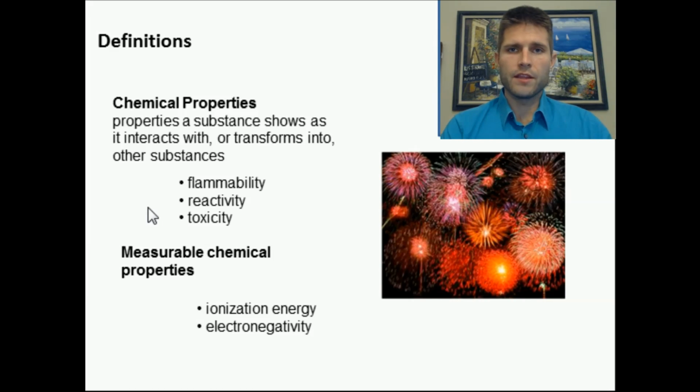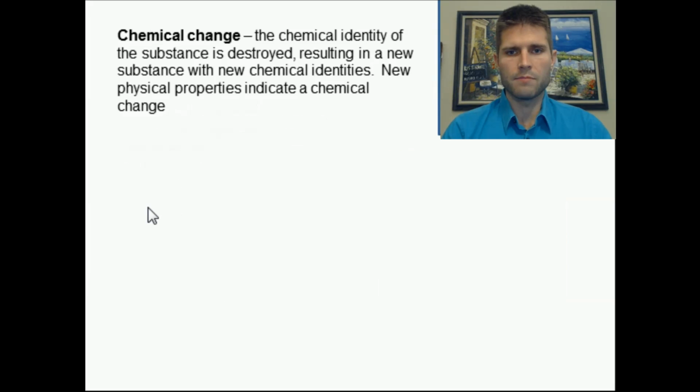So like we did on the physical properties, let's talk about chemical changes, the more interesting aspects of these chemical properties, in my opinion. A chemical change occurs when the chemical properties of the products, the final products, do not match the chemical properties of the starting reactants. So this is pretty easy to identify when a chemical change has occurred.